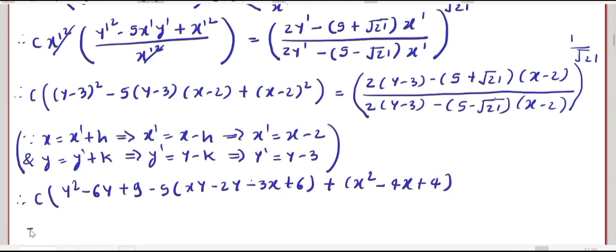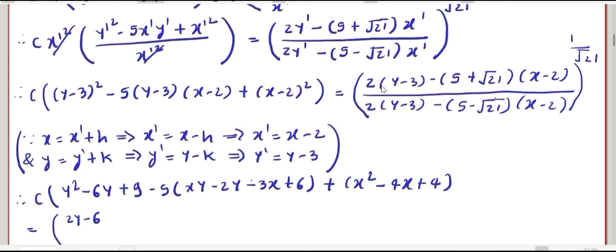Now this is equal to, now this term we get 2y minus 6, we multiply 2 to the bracket, now multiply minus 5 to the x minus 2, and then minus under root 21 to the x minus 2.